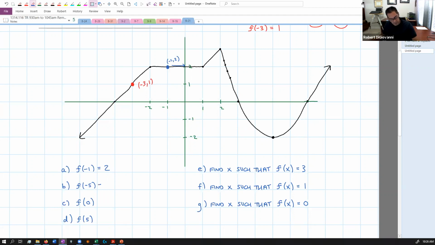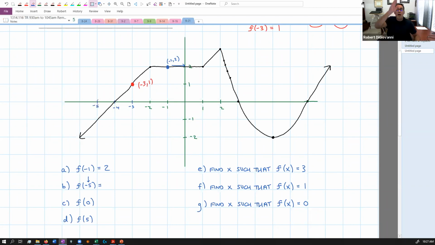Riley, what did you get for B? I'm going to be honest, I was kind of confused, so I didn't do it. Well, let's walk through it then, okay? When you see this notation, they're telling you to go to -5 on the x-axis. So let's walk over to -5: -1, -2, here's -3, here's -4, here's -5.